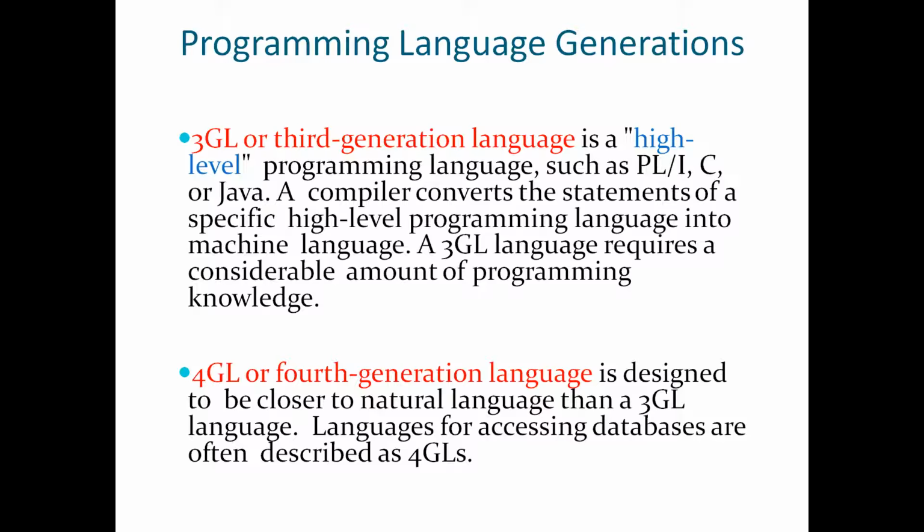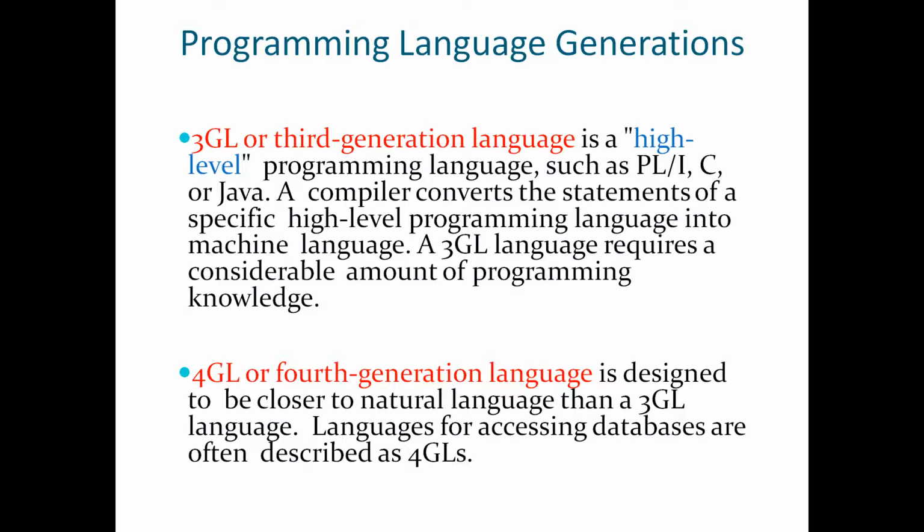So the compiler is the converter. You can call it an interpreter or a translator that translates the human's language into computer readable form, into the machine language, and then the computer performs the necessary instructions. Fourth generation languages are designed to be closer to natural language than a third generation language.